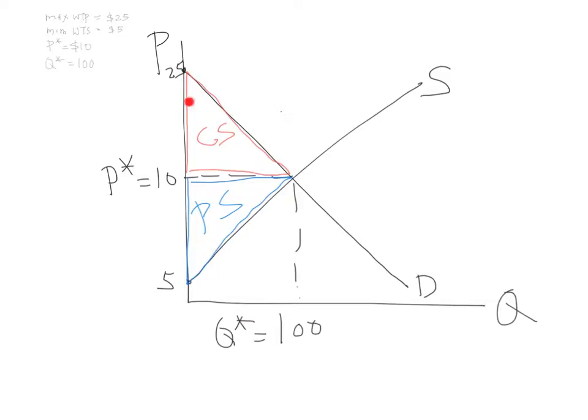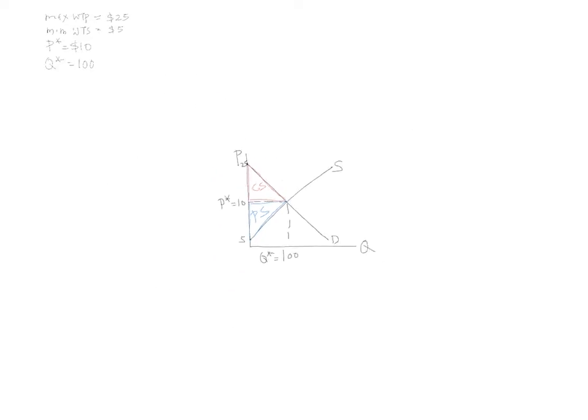Our total welfare being consumer surplus plus producer surplus. So let's calculate consumer surplus, producer surplus, and total surplus. So we calculate consumer surplus. Consumer surplus is going to be 0.5 because it's an area of a triangle. I've mentioned that in the lecture.